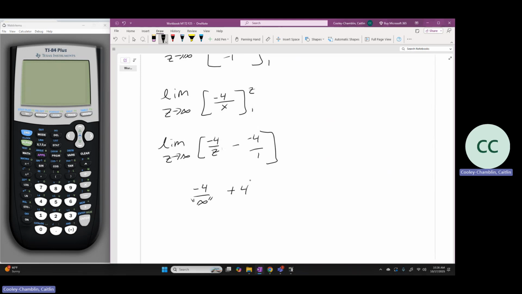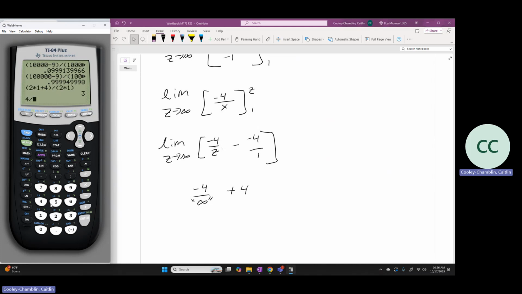When I have a number divided by infinity, I am taking a number and dividing it by something very, very, very large. We can do a quick table.